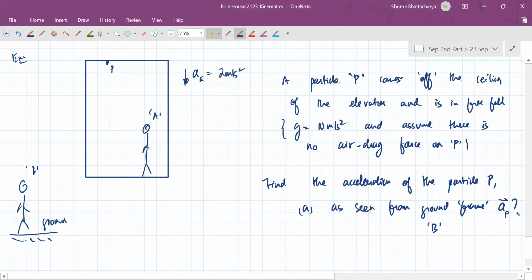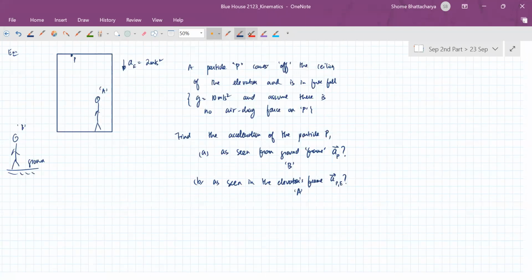How much is the acceleration of the particle P in the ground frame? And we have to also find out as seen in the elevator's frame. That is the observer A will be seeing that. So the acceleration of the particle P in the elevator's frame, how much that will be.